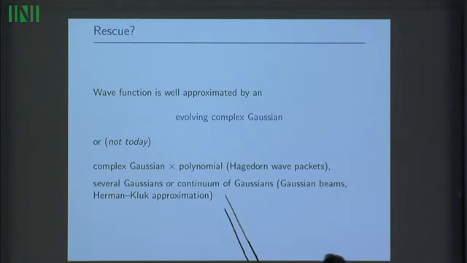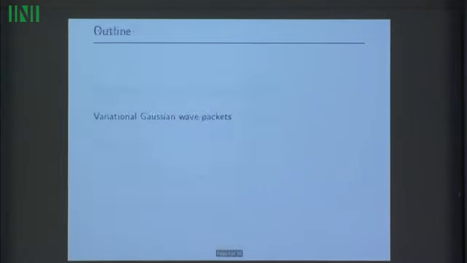Instead of just one Gaussian, you can take a Gaussian times a polynomial, and you will get better approximation properties. Or instead of just one Gaussian, you can take several or even a continuum of Gaussians. And there are methods designed for that. But this will not be in the talk today, but it will be in our Acta Numerica article.